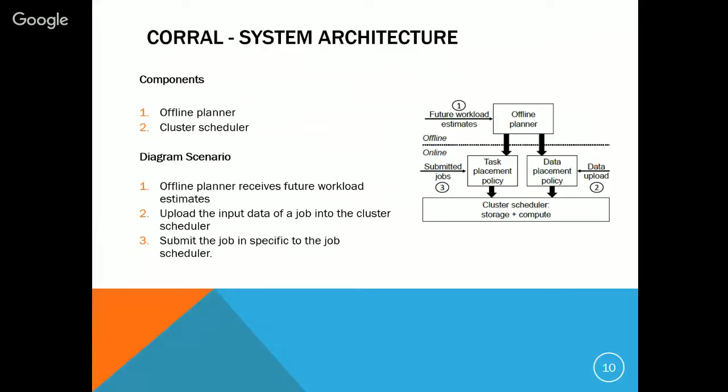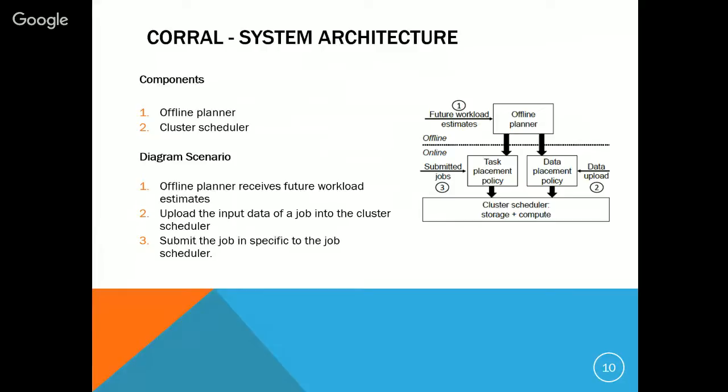Step one, as we see on the figure on the right, involves the offline planner receiving future workload estimates. In a way, the offline planner receives estimates of characteristics of jobs such as arrival time, input data size, etc. This estimated data will later be submitted to the cluster in the future.